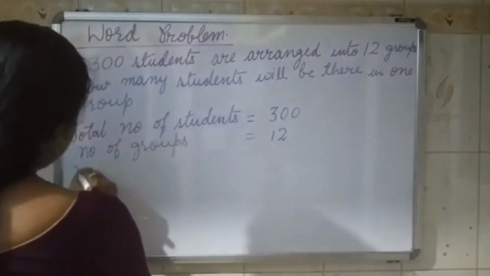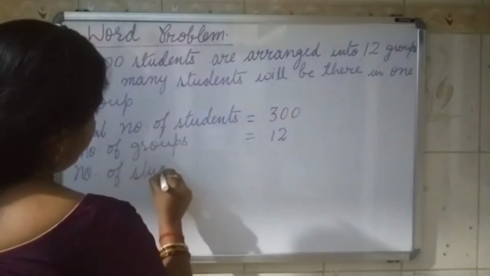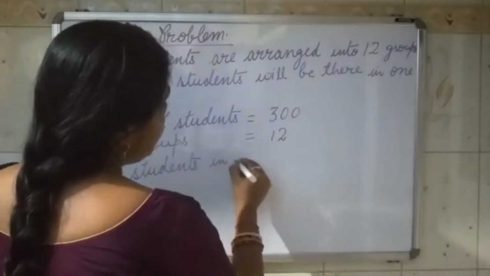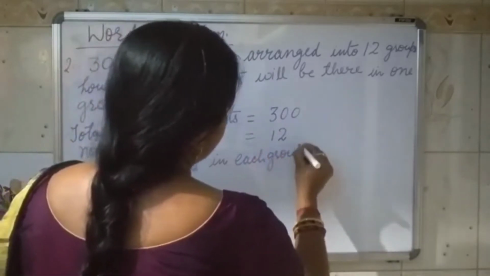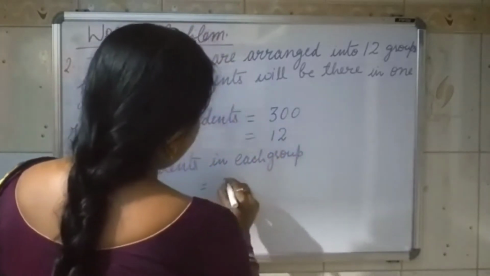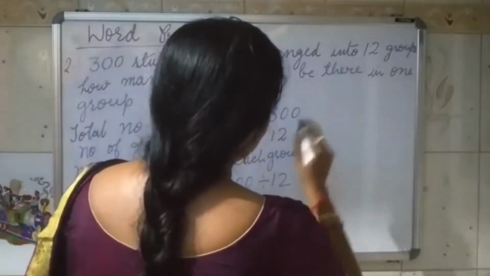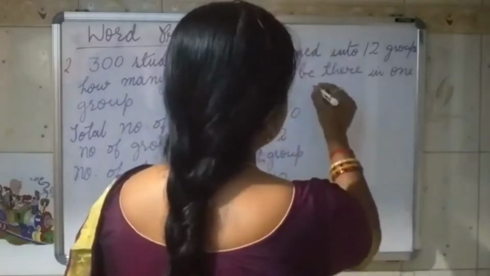So the number of students in each group is equal to 300 divided by 12. Okay, so we are going to do the same thing. We will again start from this place.